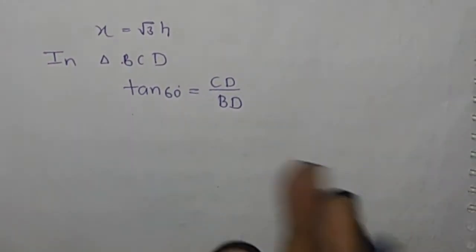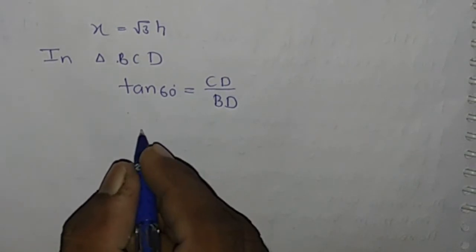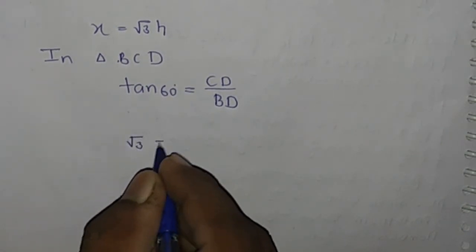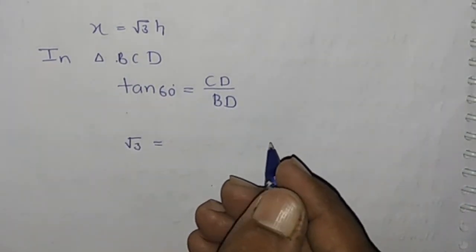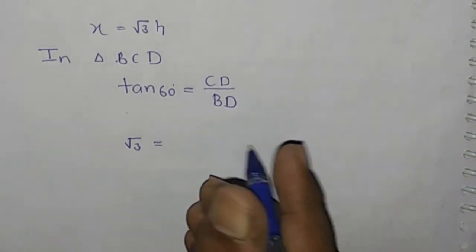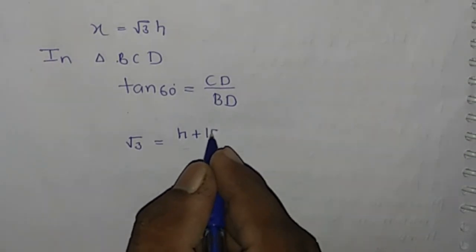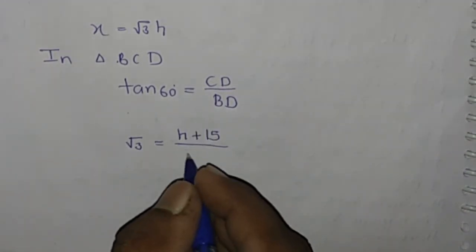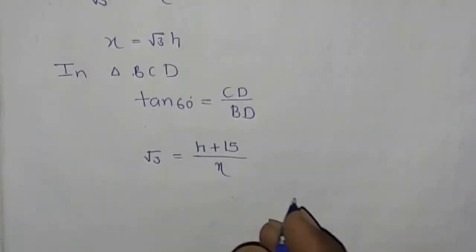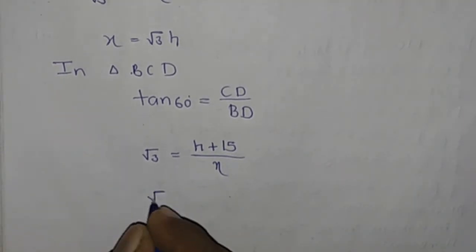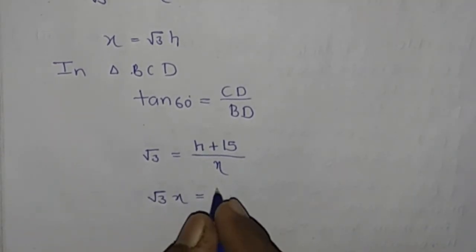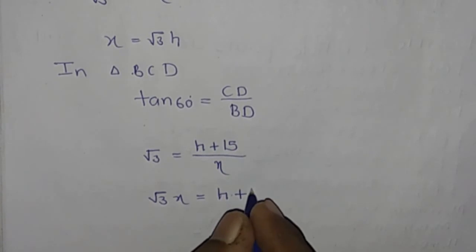Value of tan 60 is root 3. CD is the sum of CE and AB, means it is H plus 15, and BD is X. Then root 3X equal H plus 15.